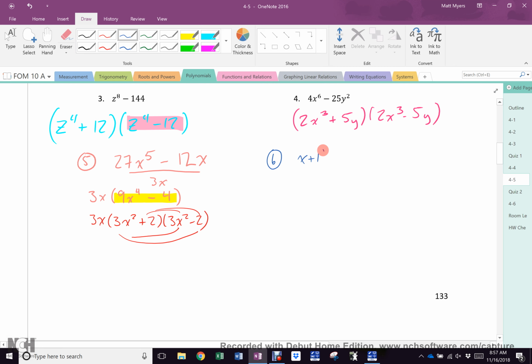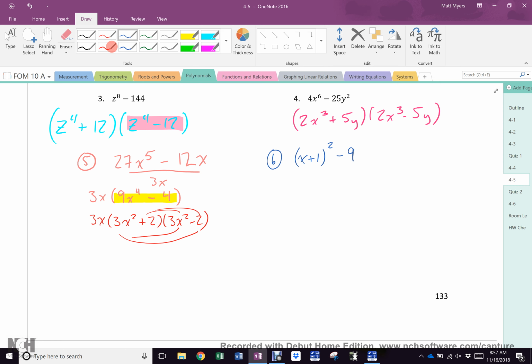X plus 1 squared minus 9. Now you've already seen something like this. What about this bothers you?